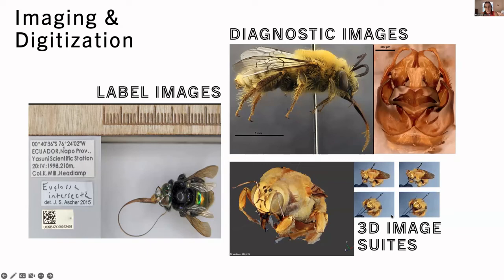And finally, we're generating these really cool 3D models of specimens, which will have a whole host of research applications, especially for morphological work. So a major aim of the Big Bee project is for all of this image and specimen data to be useful for this goal of quantifying variation in bee functional traits, and particularly in the context of global change.